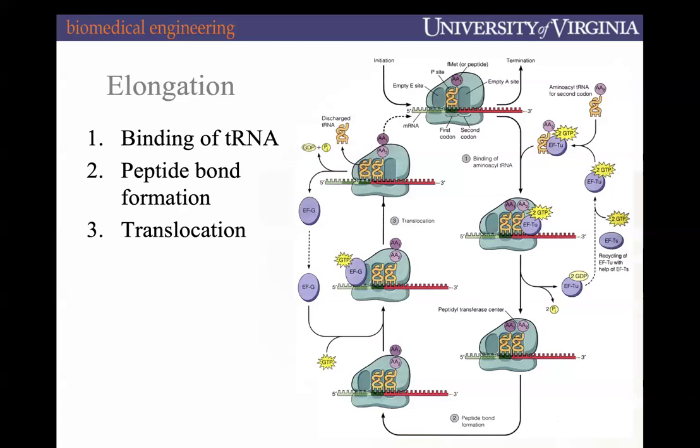The energetics from the ester bond between the transfer RNA and that amino acid in the A site is going to provide the energetics to create a peptide bond between the peptide in the P site and this amino acid that was delivered in the A site. So when that peptide bond is formed, it's going to transfer the peptide into the A site.